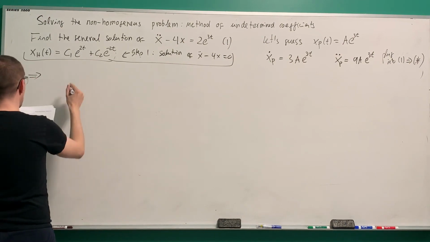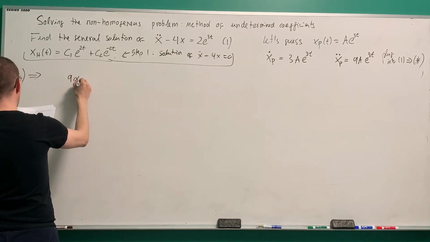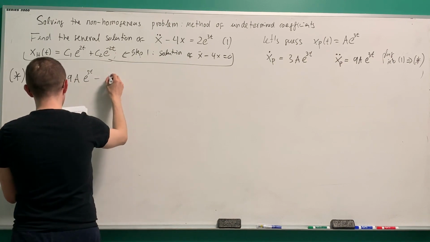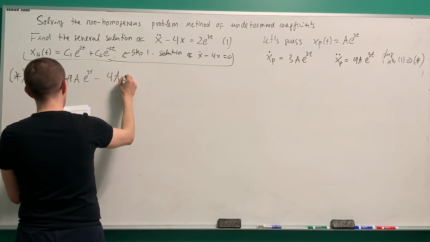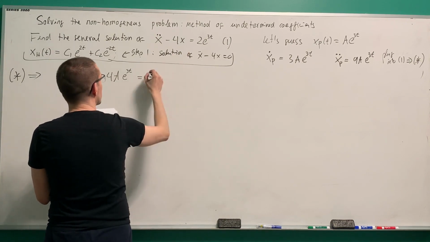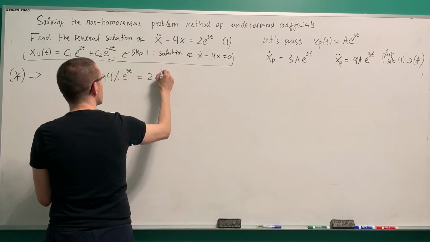So we get 9a e to the 3t minus 4a e to the 3t equals the inhomogeneity 2e to the 3t.